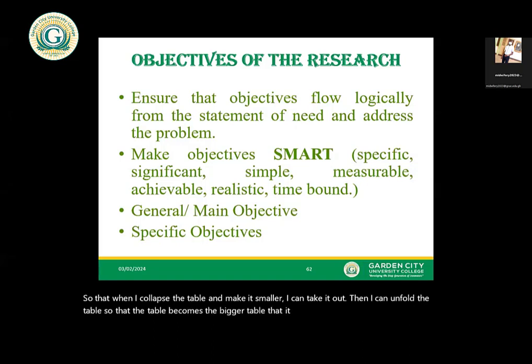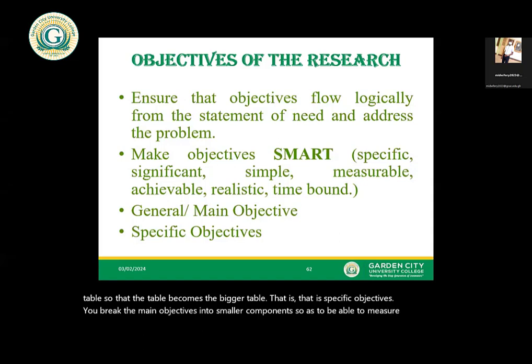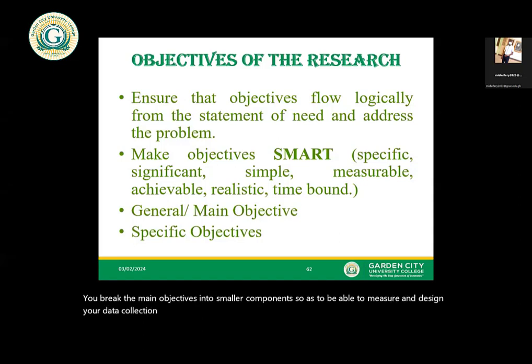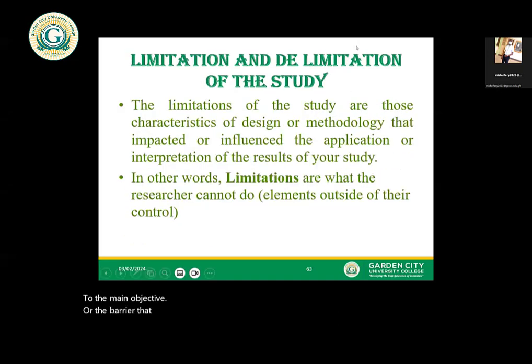That is specific objectives. You break the main objective into smaller components so as to be able to measure and design your data collection tool. At the end of it all, it will still come back to the main objective, the barrier that you are looking for.